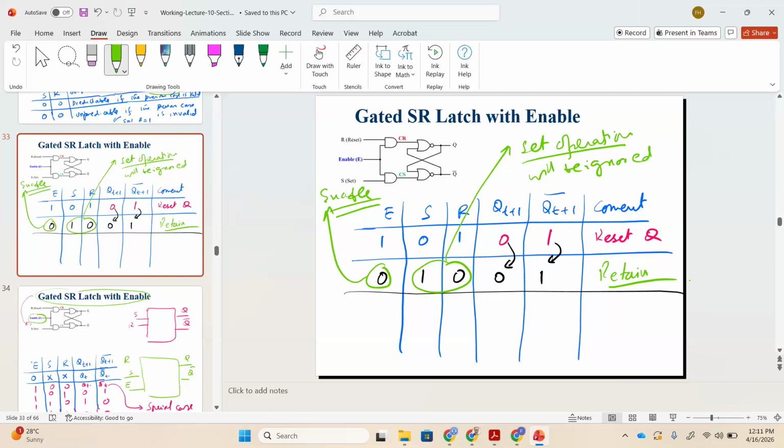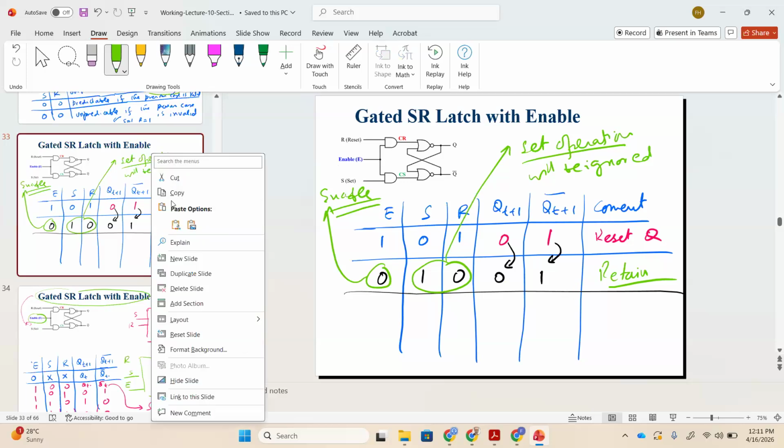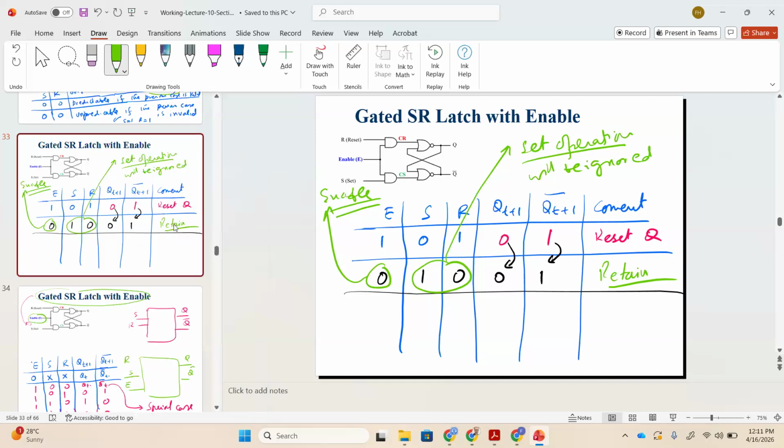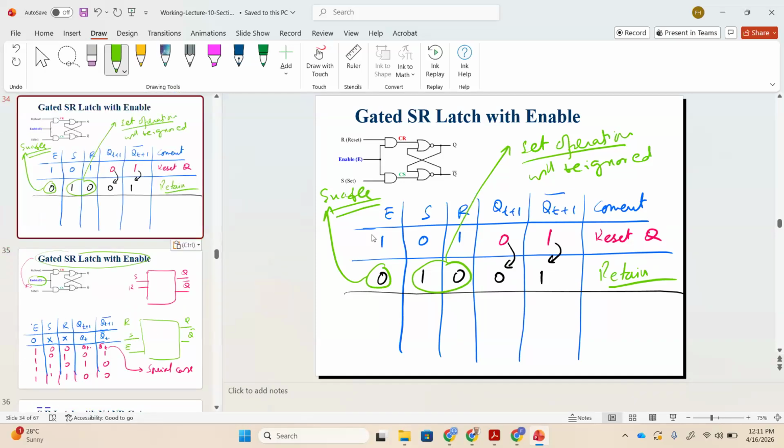I don't know. No, it's there in the figure. Look at the figure. Please look here. This is very important. I'm making another thing, and this is a very tricky question.